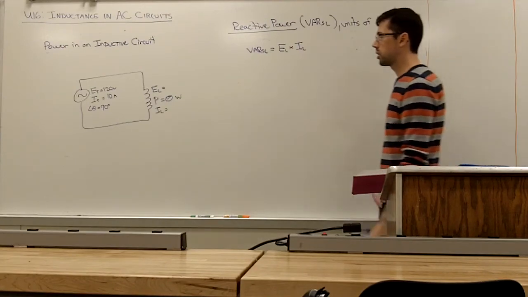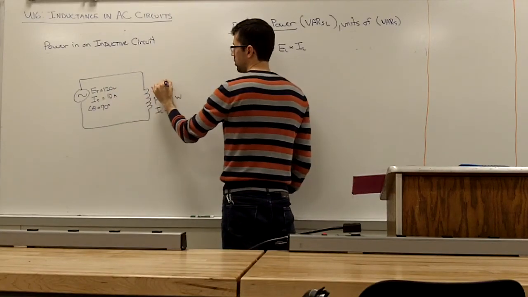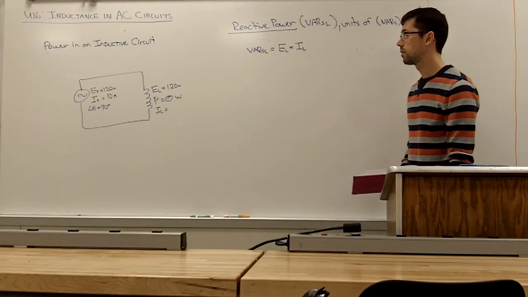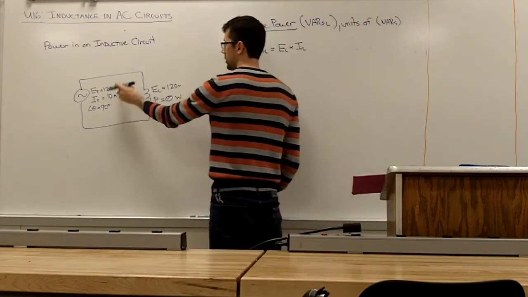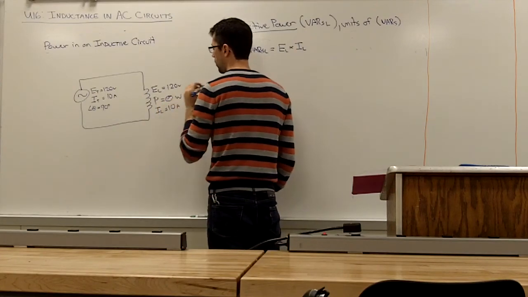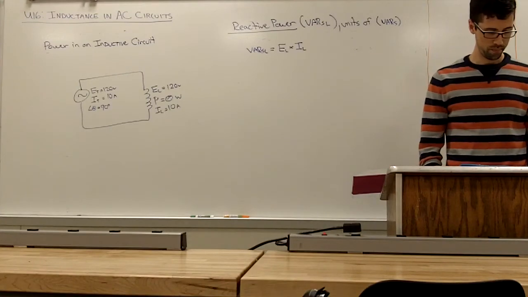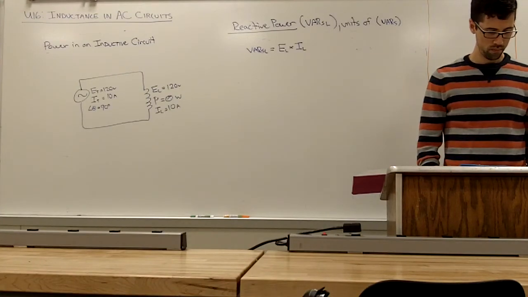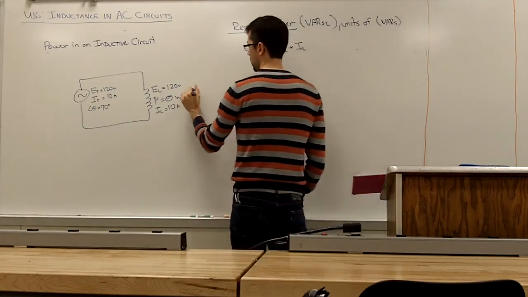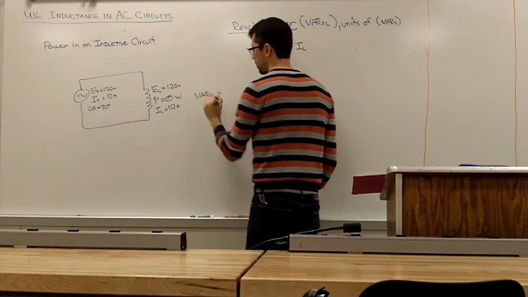In this simple circuit, we would have the full voltage across the inductor, and since this is a series circuit, the current has got to be the same everywhere, so we would also have 10 amps through the inductor. What would be our reactive power through the inductor?